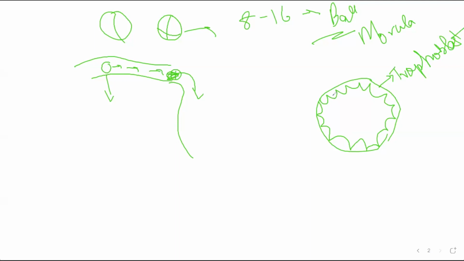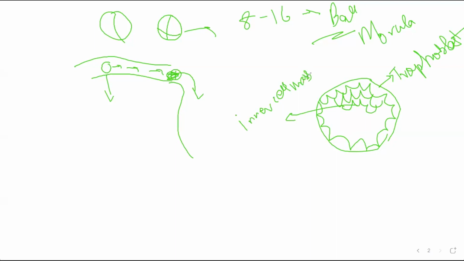And what is happening to the rest of the cells? Few of the cells just reach one polar region and arrange themselves in this way on this one polarity. And this region is known as the inner cell mass. This is called the inner cell mass.